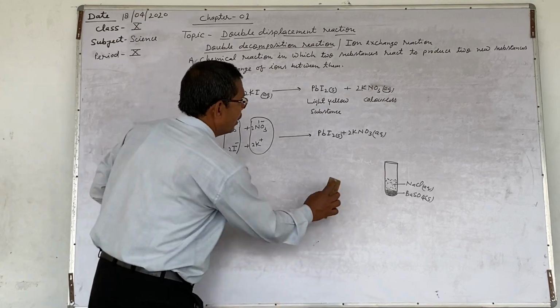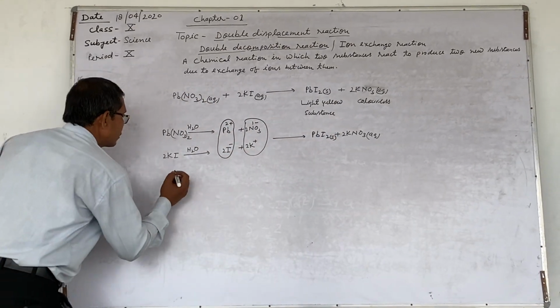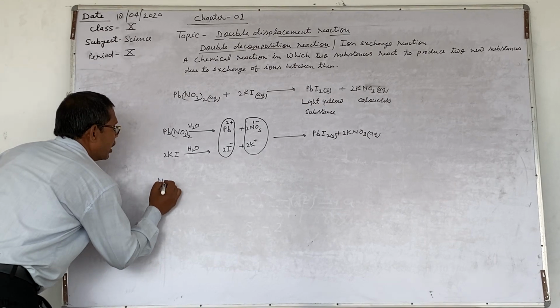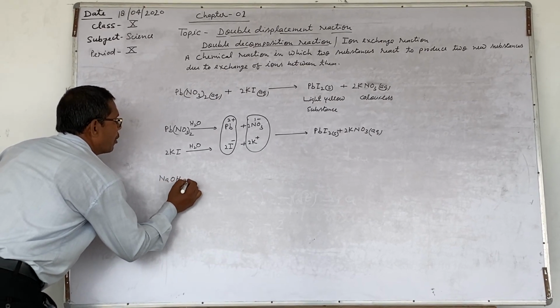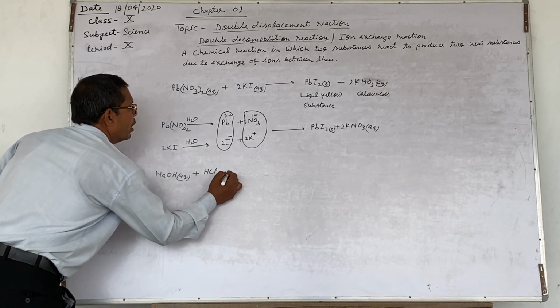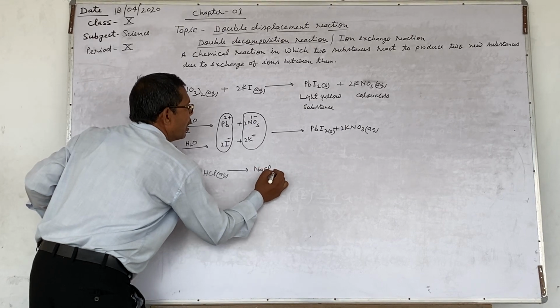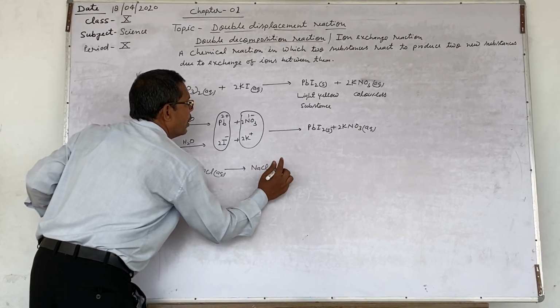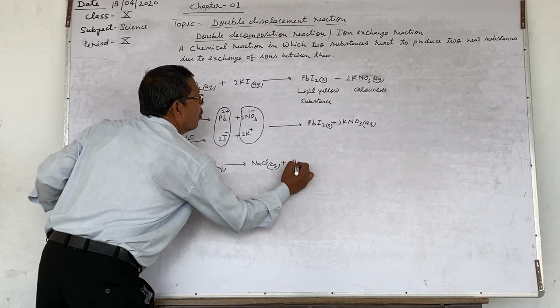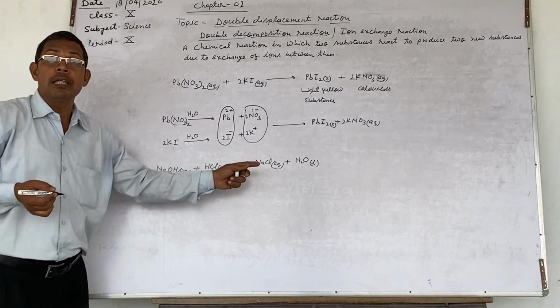Take another example which you are familiar. Sodium hydroxide aqueous mixed with HCl aqueous to produce sodium chloride aqueous plus H2O liquid. This reaction is also called a double displacement reaction.